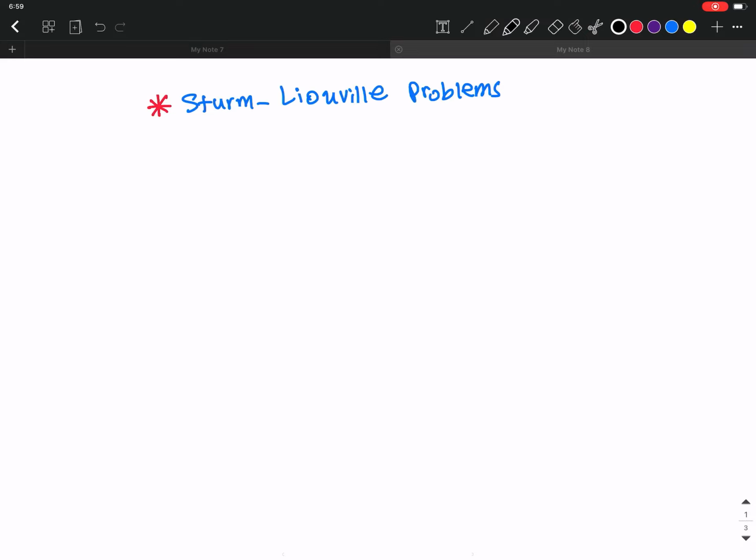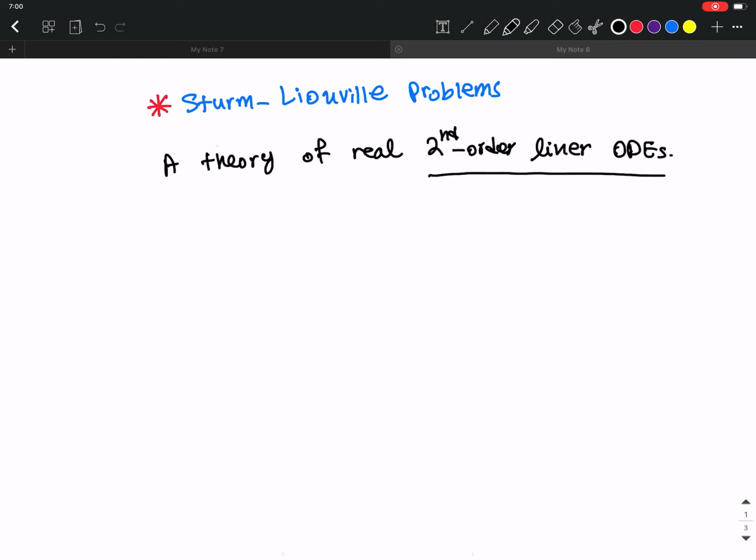So Sturm-Liouville problem is a theory of real second order linear ODEs, or ordinary differential equations.